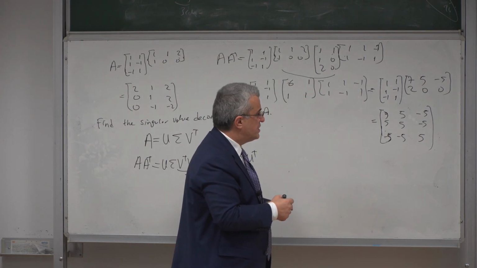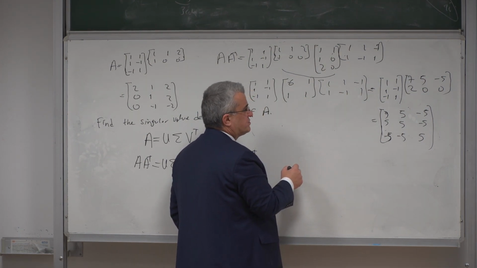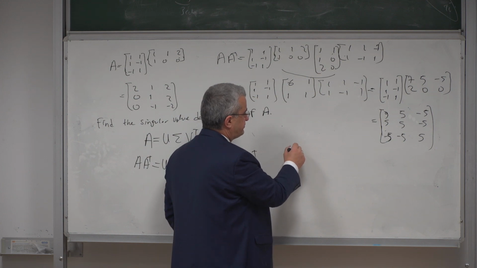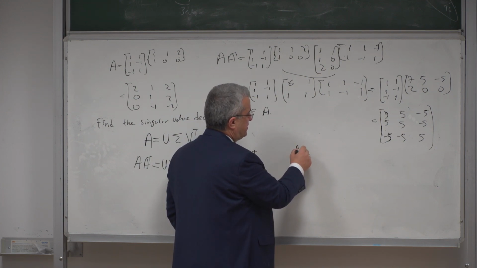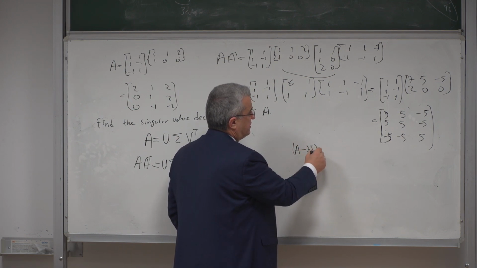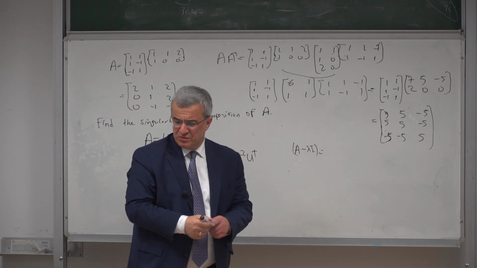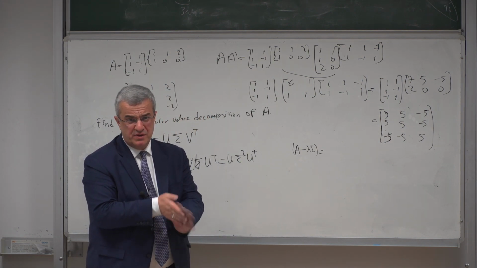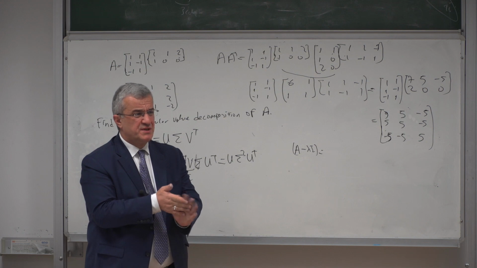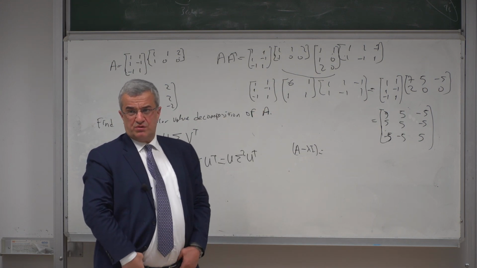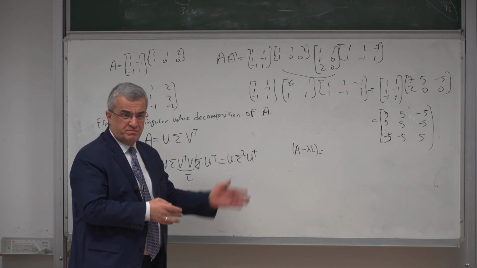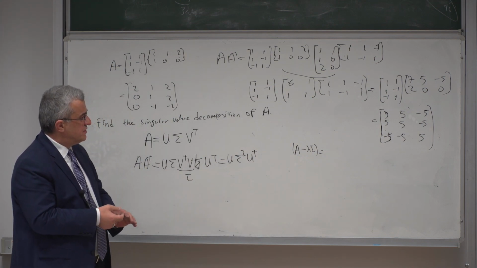Yes. So I need to find the lambdas of this. A minus lambda I. It's going to take too much time. I don't think you will be able to follow it. You are sleeping. So ask me questions or let me explain something to you. Please do this though, okay? So you try to solve this.